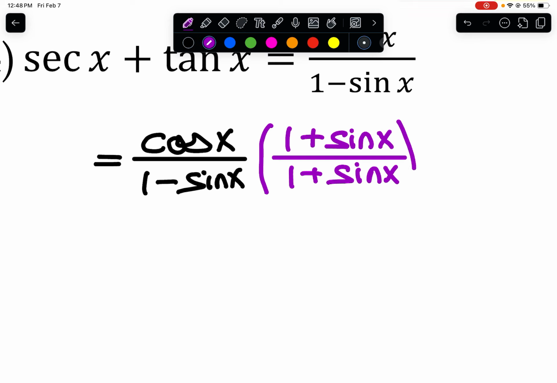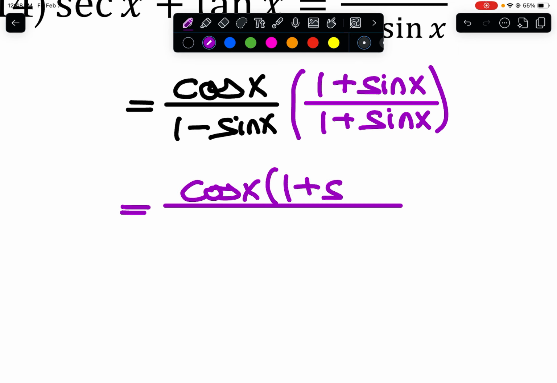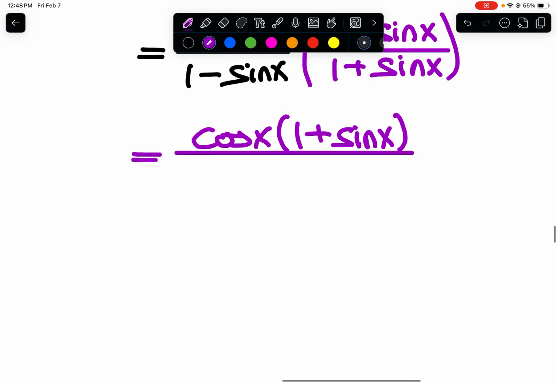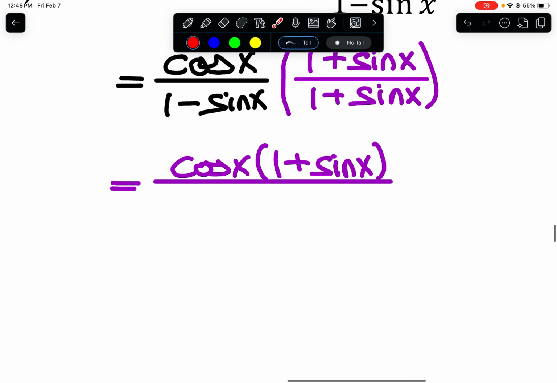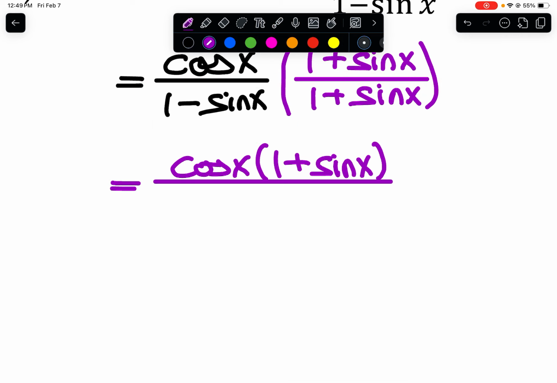Okay, so in the top, that's going to leave us with cosine x, 1 plus sine x. And in the bottom, I'm going to go ahead and multiply out the denominator. So you can do a double distribution or FOIL, however you want to call it. So I'm going to skip a few steps. So that's going to be 1 minus sine squared x.